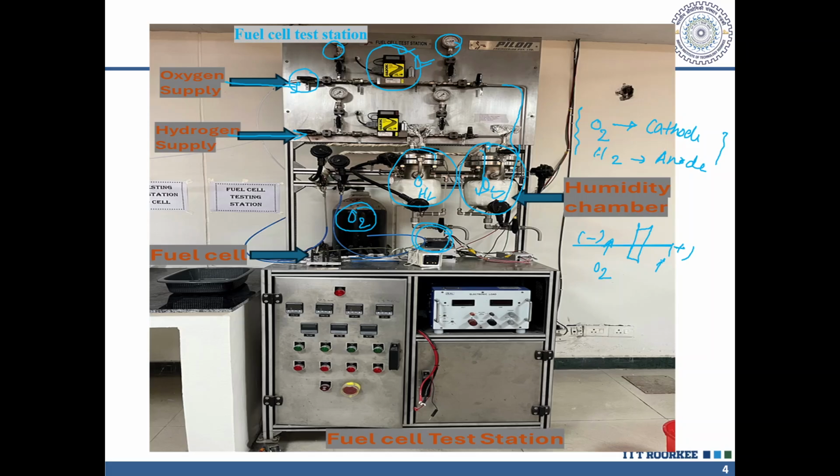This is the hydrogen side. Due to the oxidation reaction of the hydrogen in the presence of moisture, it will produce H+ ions. These H+ ions go through the membrane and are attracted to the cathode, where reduction takes place. An external electric circuit is there just to measure.